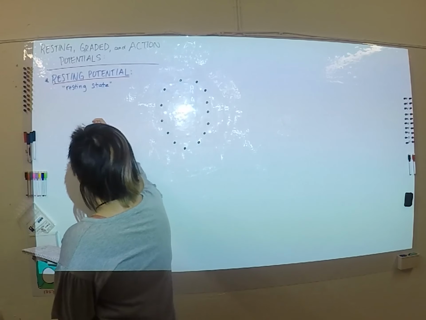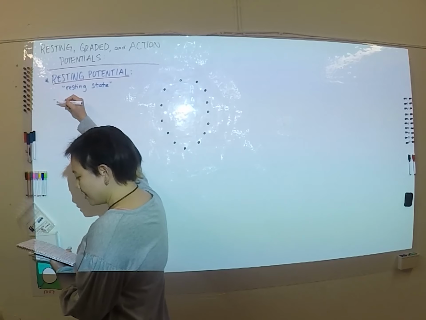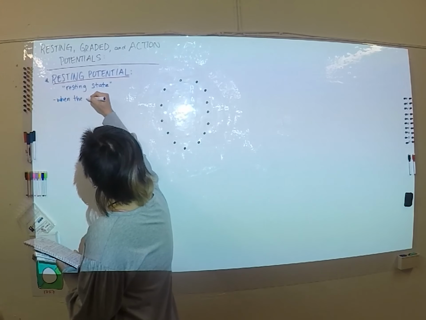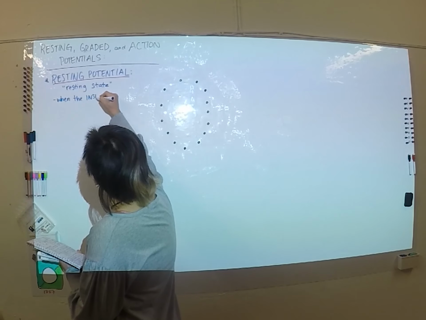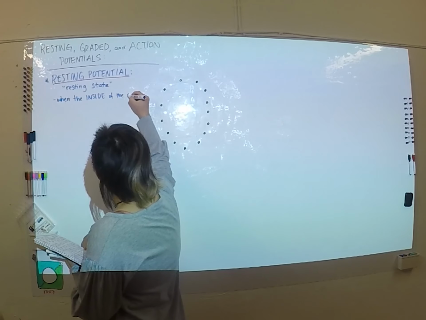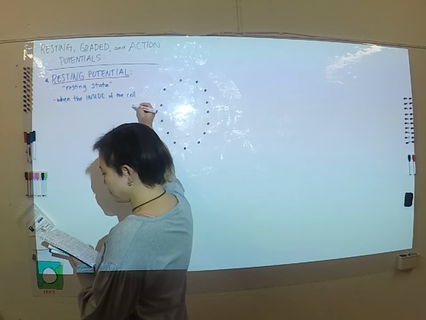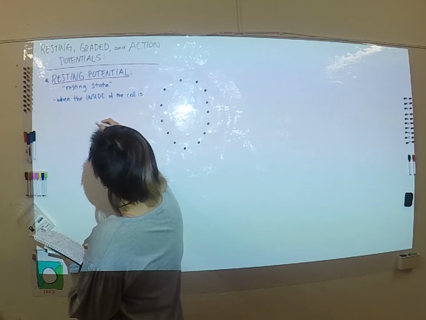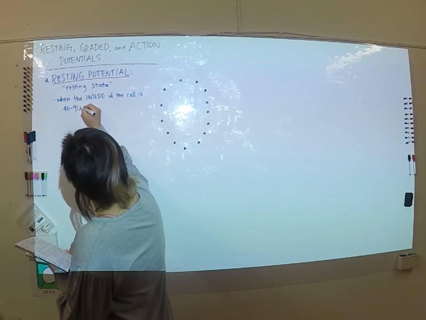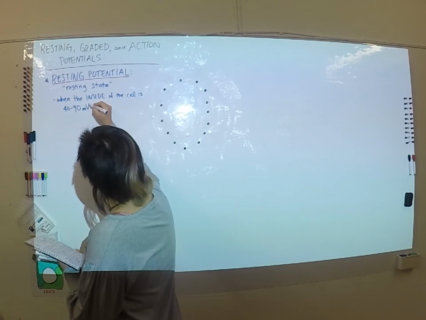So for now, we're just going to write down, this is when the inside of the cell is, and I'm just going to write here, 40 to 90 millivolts, okay?